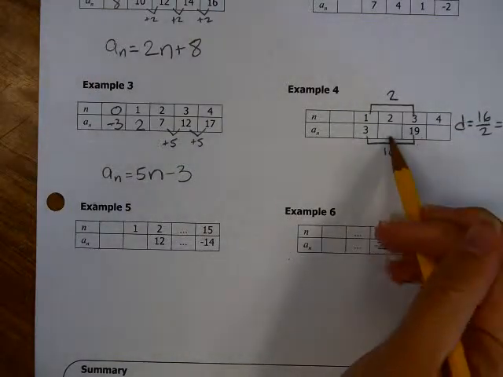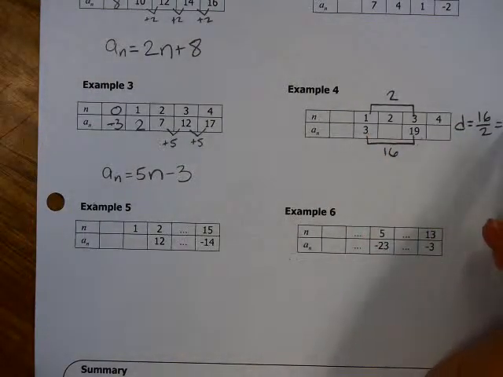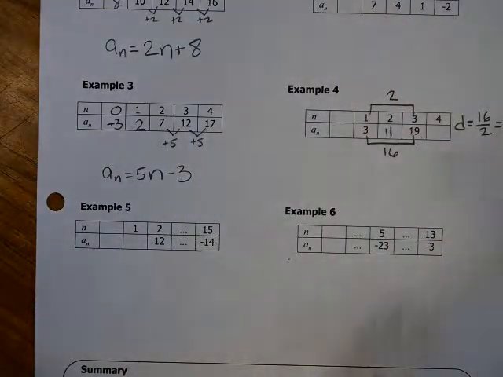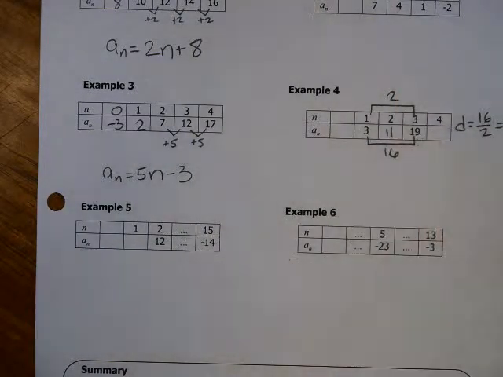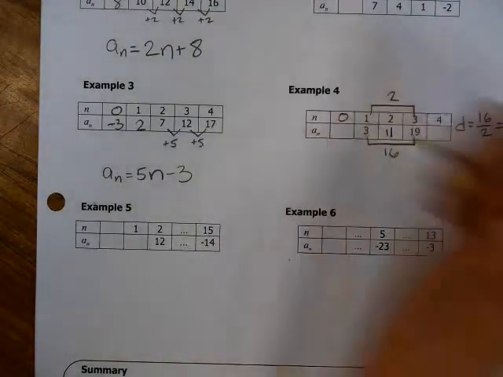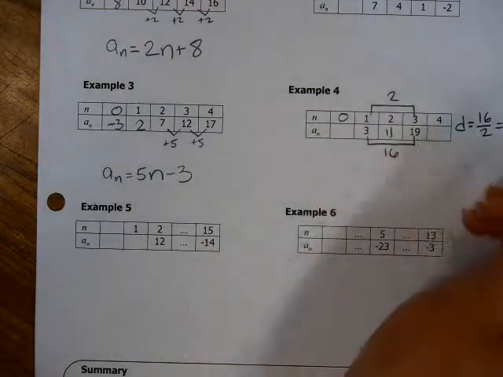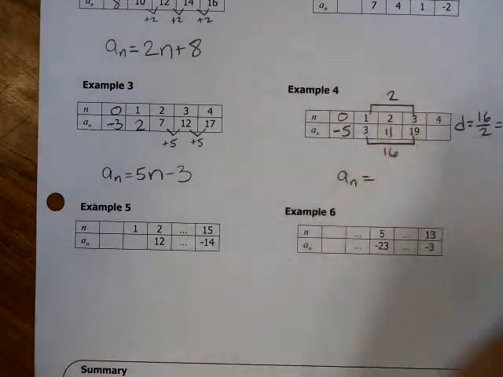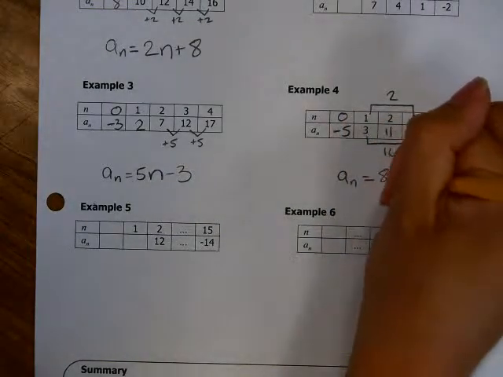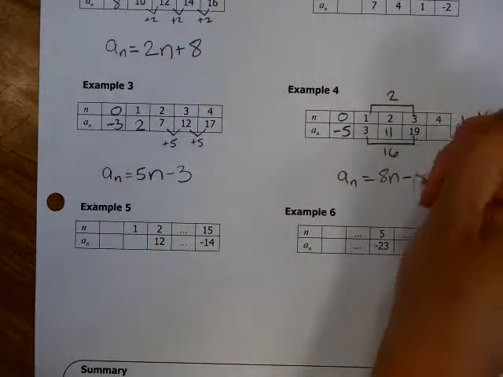So if we want to figure out what this is, 3 plus 8 is 11. 11 plus 8 is 19. So it fits. We can take a step back. 3 take away 8 is negative 5. So our formula, 8n minus 5.